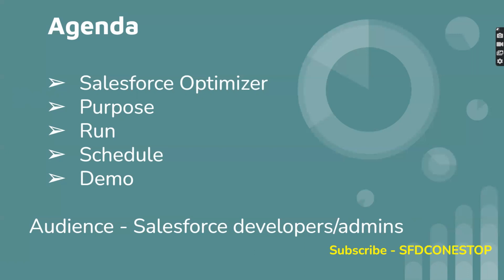Now let us understand this Salesforce Optimizer in detail by using an example. In an organization, we may have created multiple reports as per our business use case or business requirement, right? However, not all the time will all the reports be utilized. So if you want to know which reports are not used very frequently, then you can make use of the Salesforce Optimizer.